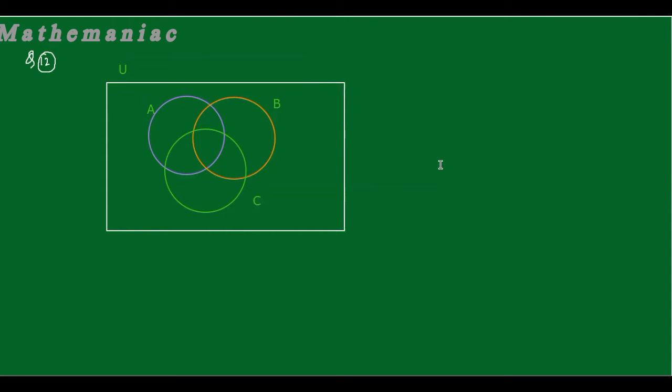So you have to find such an example such that this particular portion will remain empty. There will be no element belonging to this, whereas these parts should have some elements. So that kind of sets you have to find.